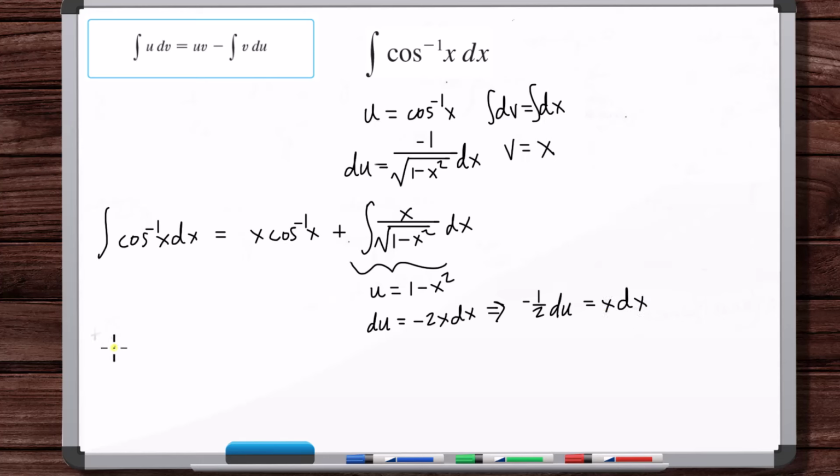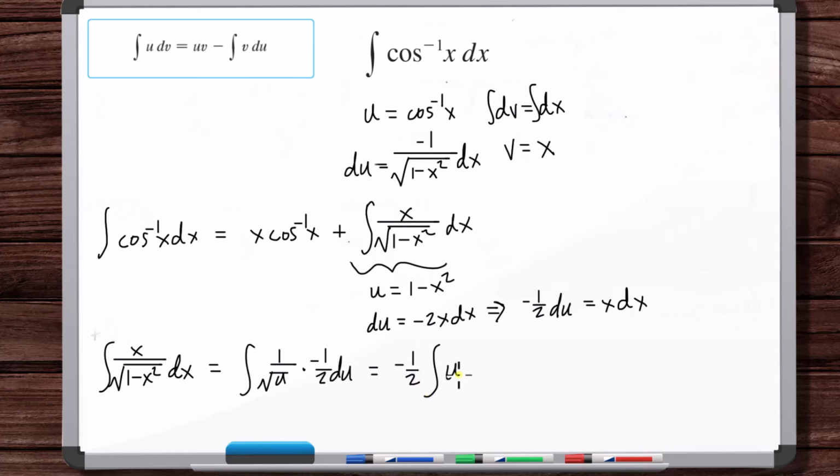So if we make the substitution, we've got 1 over the square root of u times x dx is minus 1/2 du. So this is minus 1/2 integral of u to the minus 1/2 du.